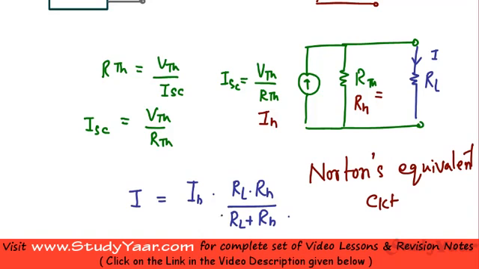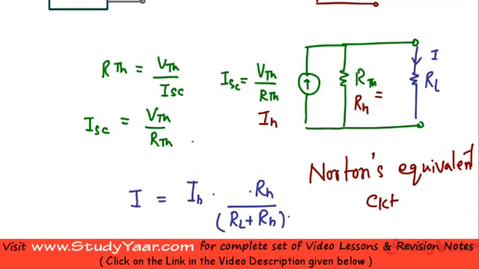So this RL and this RL would be eliminated, and what you're left with is the current flowing through your load resistance, equal to IN, which is the equivalent Norton's current, times RN upon RL plus RN.